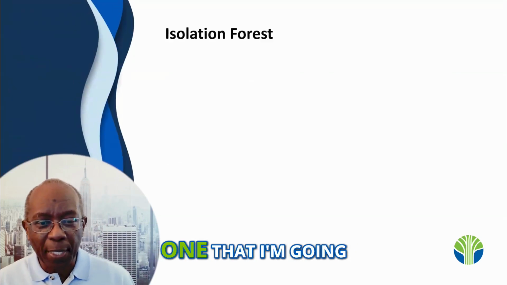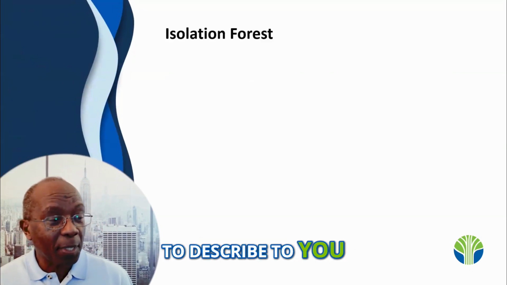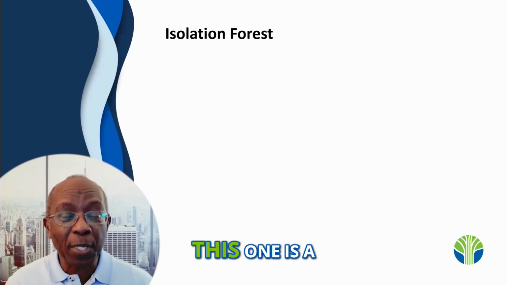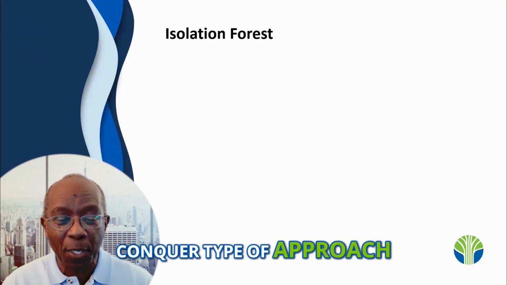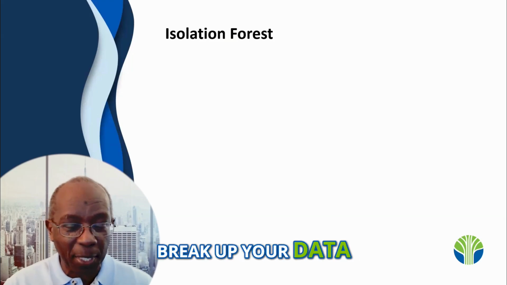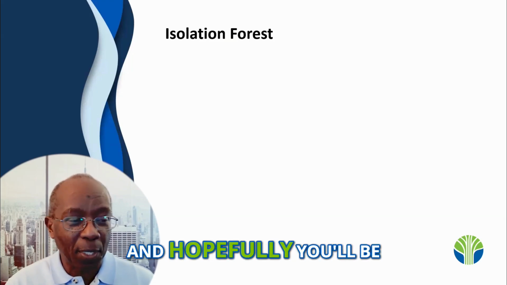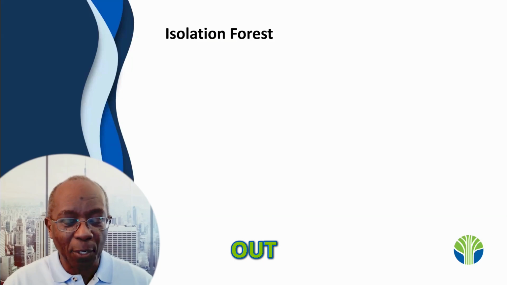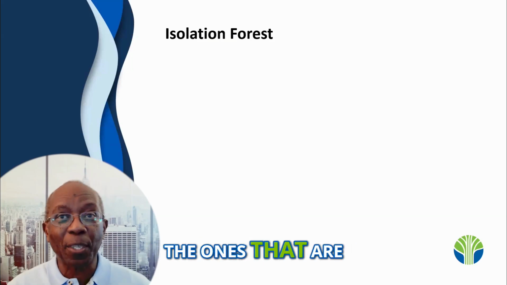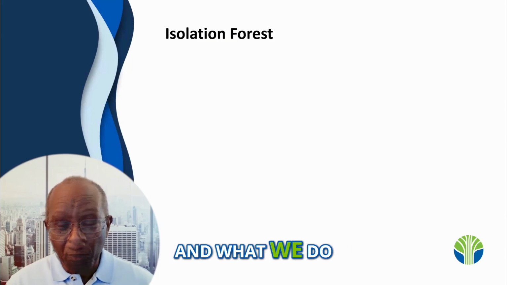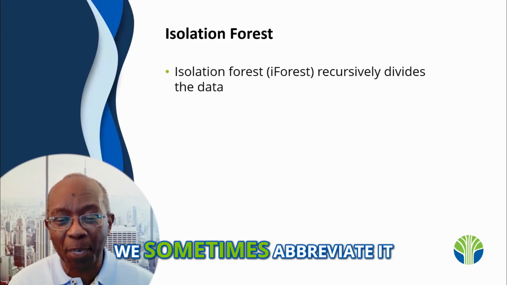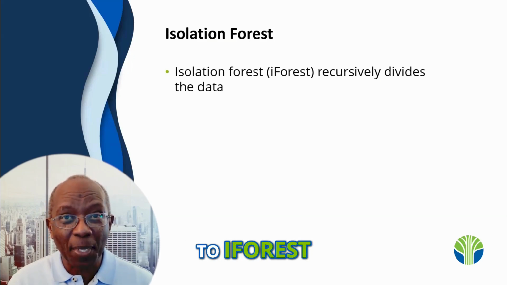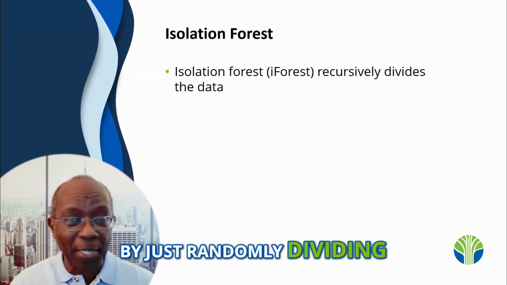And the first one that I'm going to describe to you is called isolation forest. This one is a tree-based one. So it's going to be a divide and conquer type of approach. Break up your data, break up your data, break up your data, and hopefully you'll be able to figure out the anomalies and the ones that are not anomalies. And what we do is we create an isolation forest, or we sometimes abbreviate it to iForest, by just randomly dividing our data.